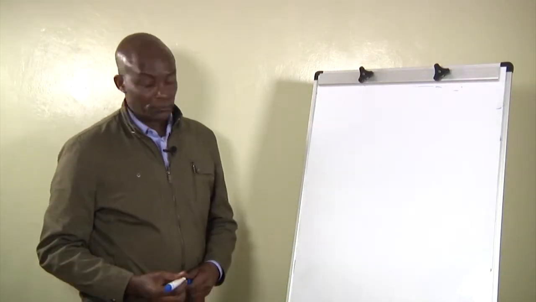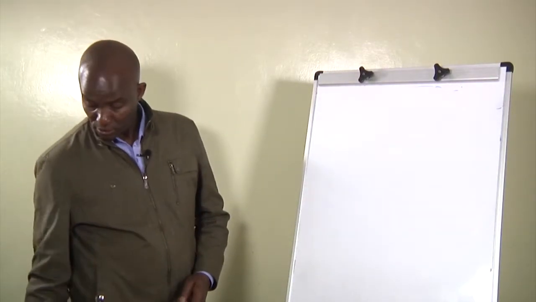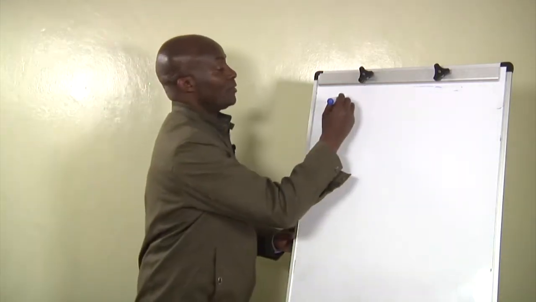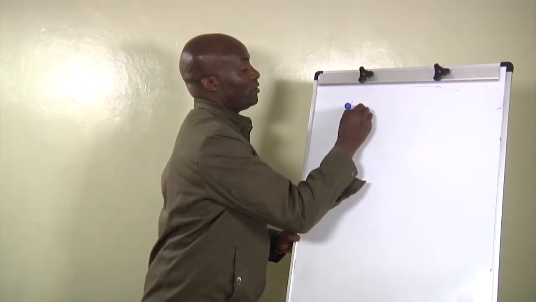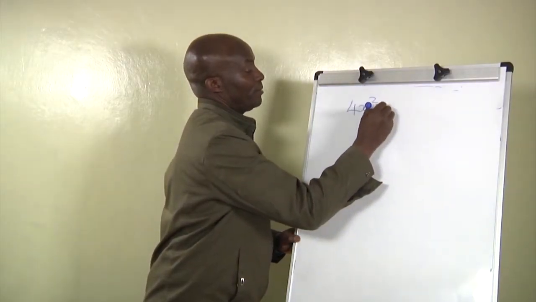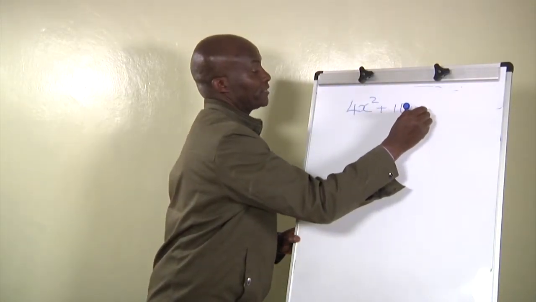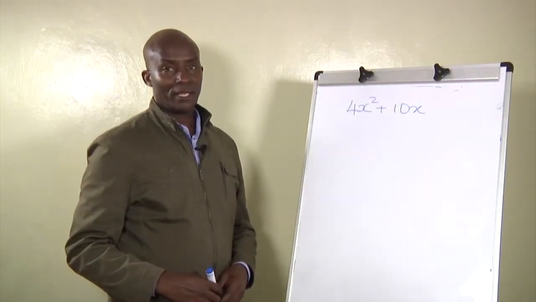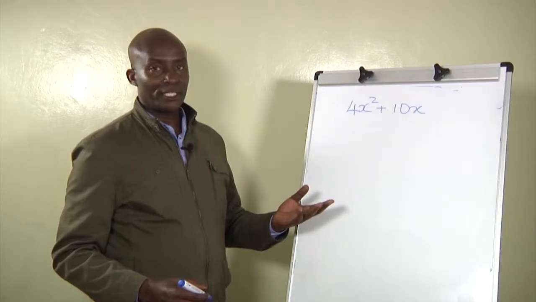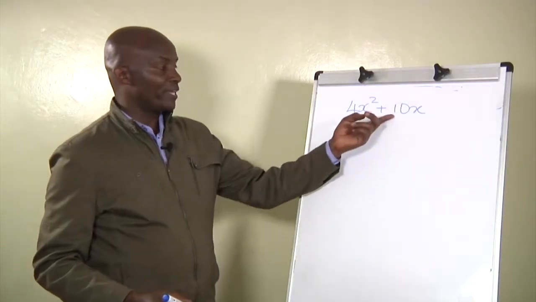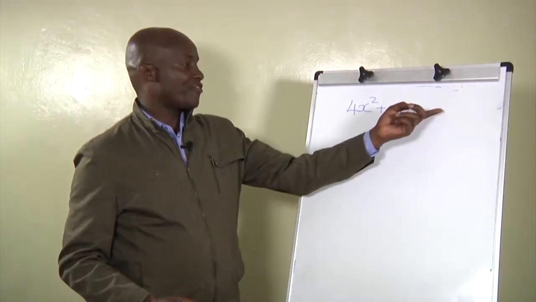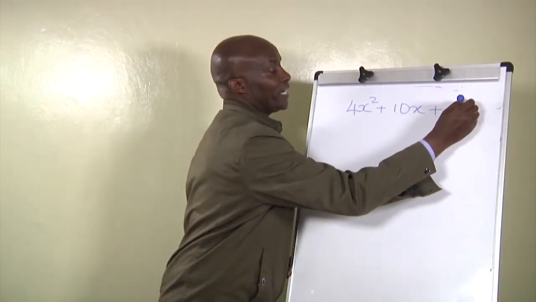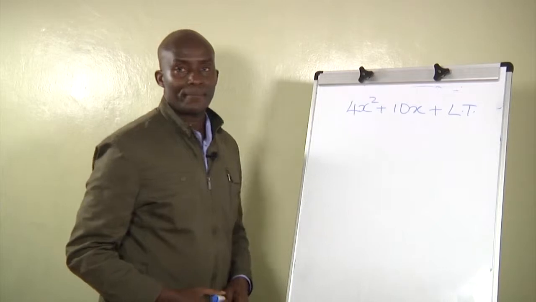Now, supposing you are given 4x squared plus 10x, and you are told to complete the square. How do we go about it? If you look at this expression, the third term or the last term is missing. So plus the last term.